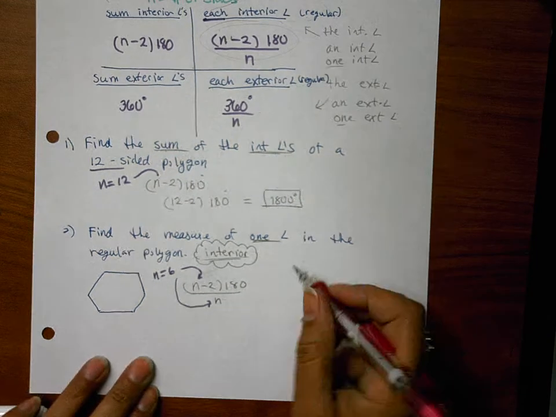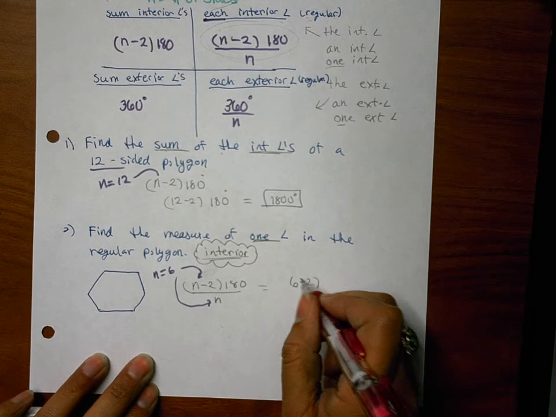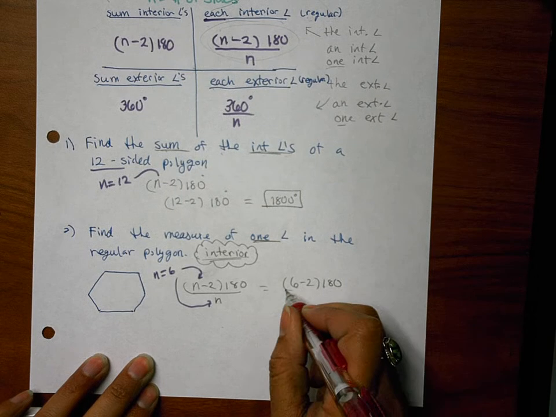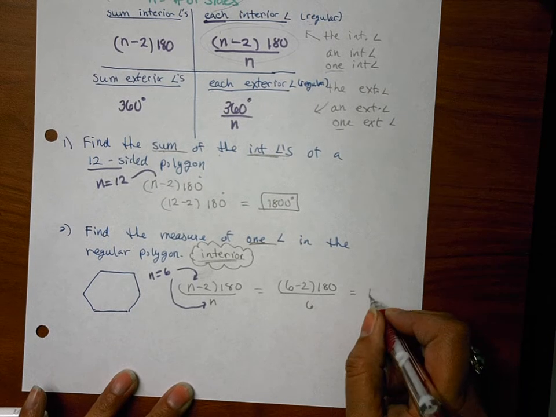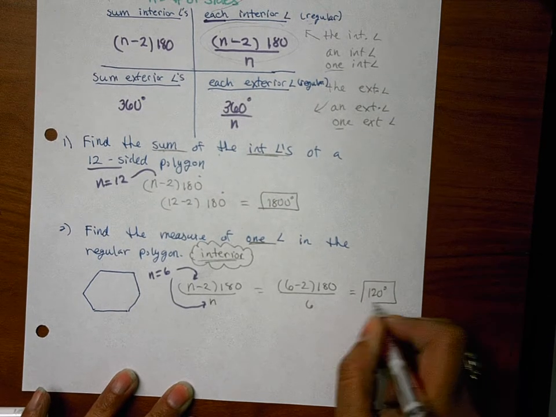So we're going to have 6 minus 2 times 180 over 6. You can plug all this in your calculator, and you end up with 120 degrees.